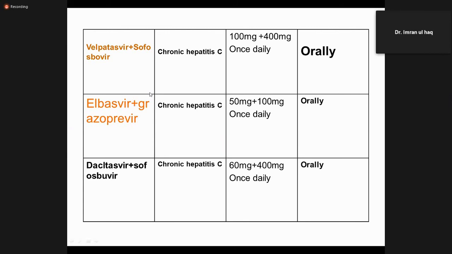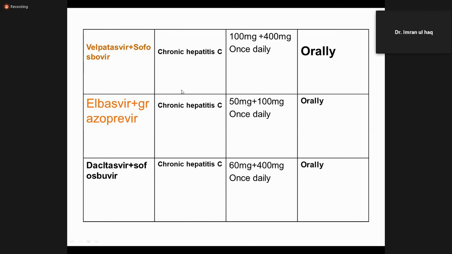So there is another combination. Another important point: sofosbuvir can be used as monotherapy, but again, the logical point that I want to share with you is that it depends. It depends on the viral burden and patient response. This is important because sometimes monotherapy would be ineffective, and that would show the emergence of resistance. So in that situation, we use the combination.